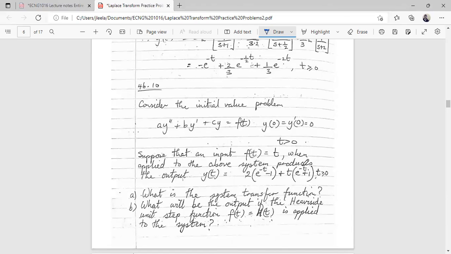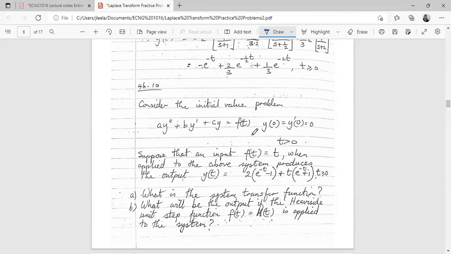So we have another initial value problem here. Right? So a y double prime plus b y prime plus c y equal f(t), and our initial conditions are 0 again. Suppose that an input function f(t) is equal to t when applied to the above system.